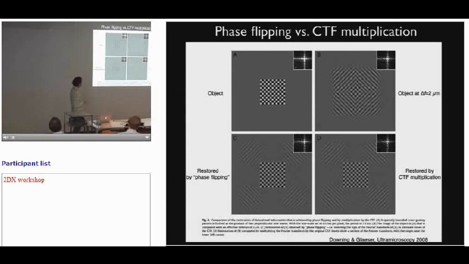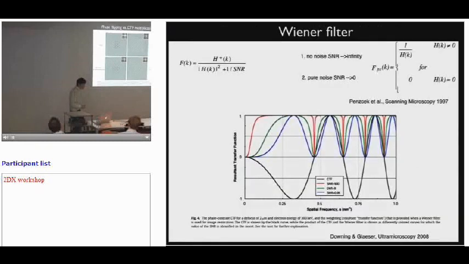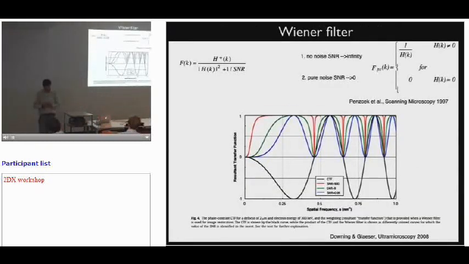Similarly, in the case of CTF multiplication, you still have this image information. One way that tries to get around this as best as possible is the Wiener filter operation, and how well that works is very much dependent on the signal-to-noise you're using. So if you think about it, the Wiener filter operation is like this. You can multiply your images that carry a particular defocus already.